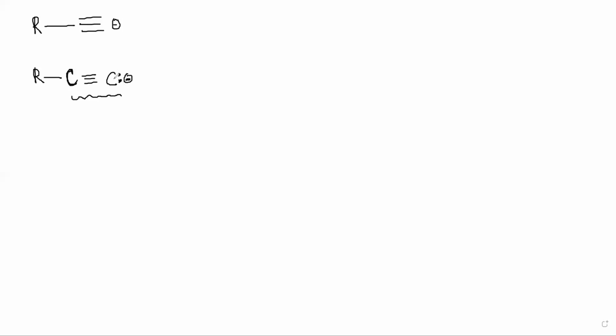Normally, if you think of this carbon's share of the electrons, there are 3 from here and 2 here, so it has 5 electrons instead of the regular 4. That's why there is a negative charge.